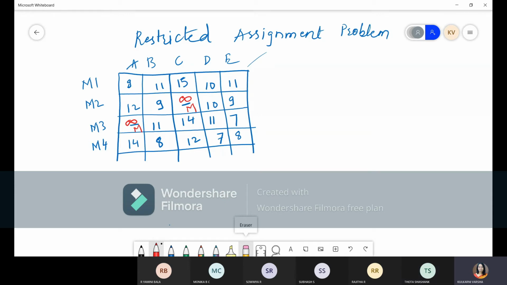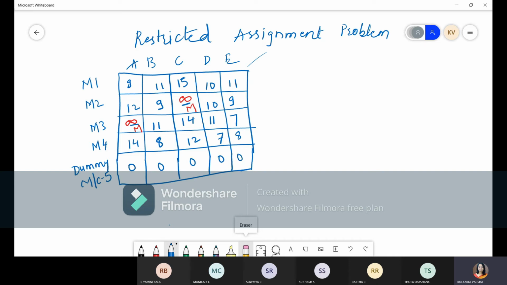So first we should convert this unbalanced assignment problem to a balanced one. We need one extra dummy row, because rows are fewer. So we'll add one dummy machine, number 5, M5.